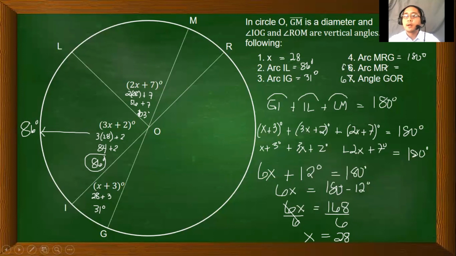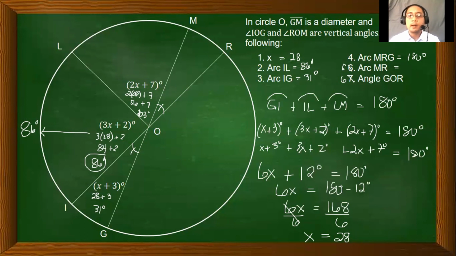So for arc MR, take note of the given statement here that angle IOG and angle ROM are vertical angles, which, if we go back to the definition, vertical angles are congruent angles. So, basing on the given measurement here, we have 31.